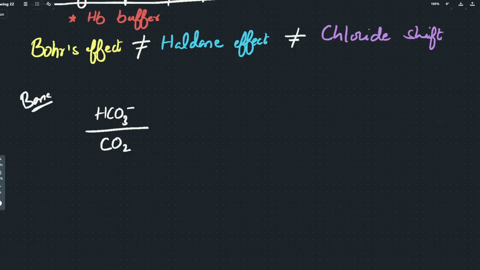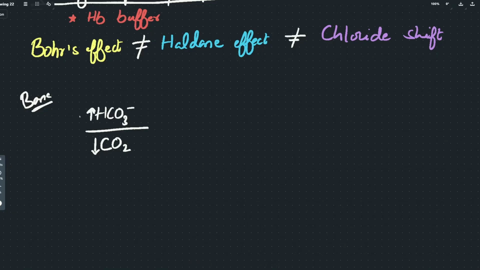Now if too much base is coming, this acid, H2CO3 or CO2, the base fighting soldier, will fight with the base and begin to decrease, converting itself into HCO3 negative.